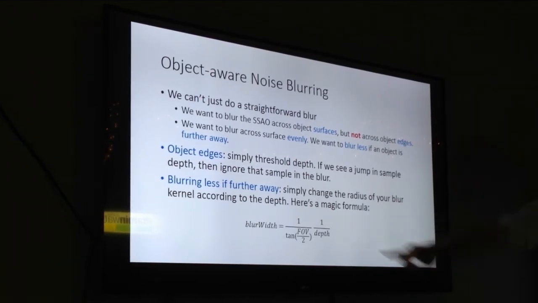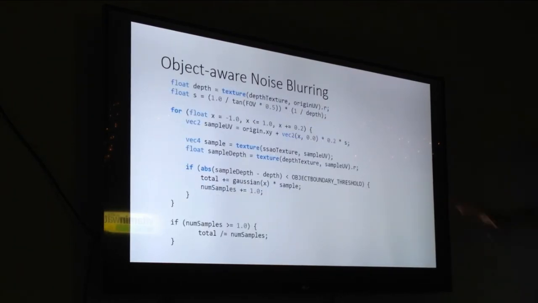Here's a magic formula that I usually use, depending on the field of view and so on. You can actually calculate it by converting the projection matrix. And that's what the code for depth aware blur looks like.